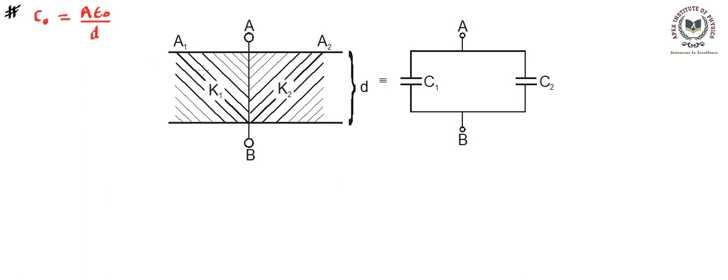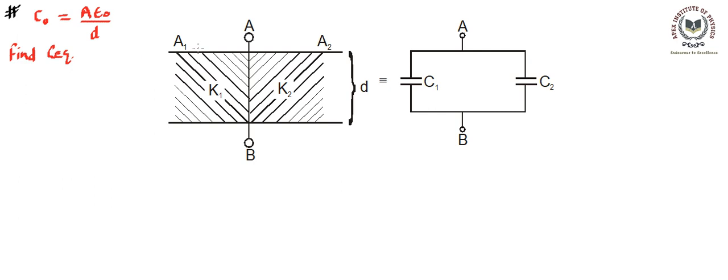Then you have filled dielectric materials K1 and K2 in such a way that K1 occupies A1 area of the plate and K2 occupies A2 area of the plate. Now we need to find the equivalent capacitance.